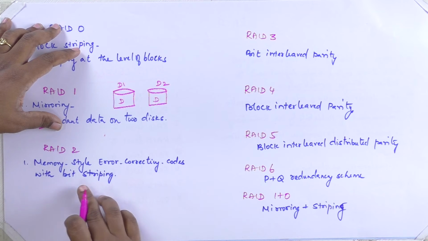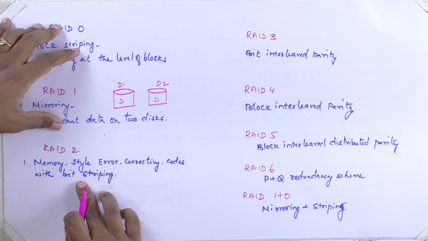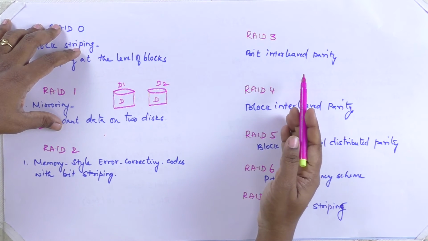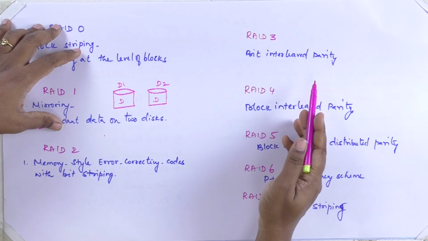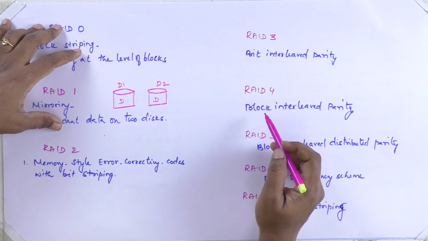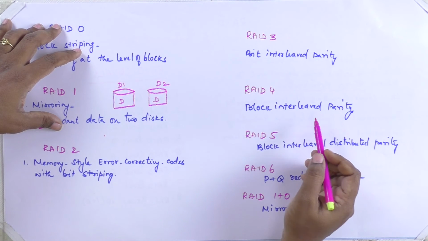In such case, these memory style error correcting codes are very helpful. And bit interleaved parity also ensures the interleaving of bits between the devices. Block interleaved parity is for the entire block of data, not by considering only the bit.